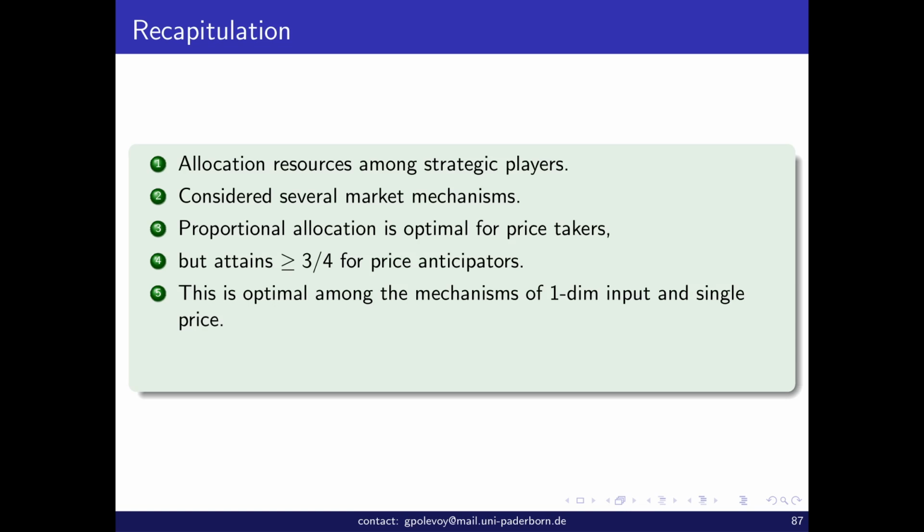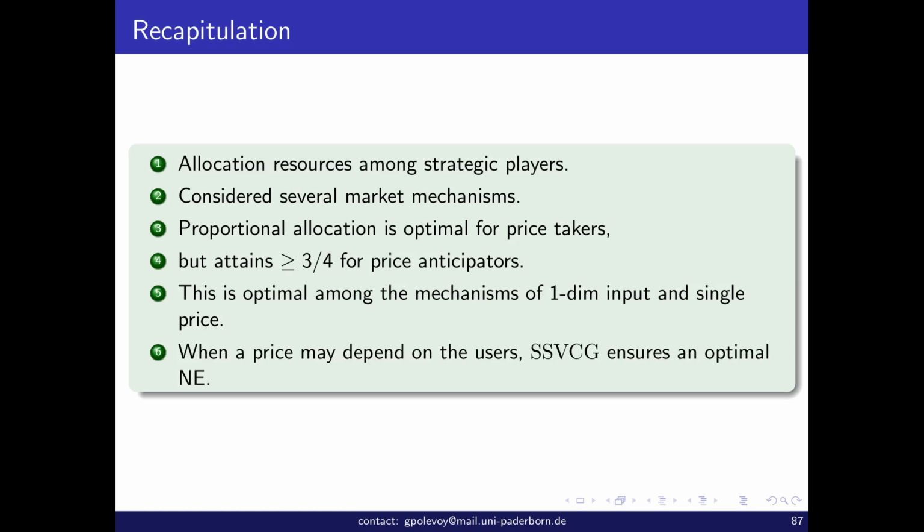We showed that the proportional allocation mechanism was the optimal such mechanism, which achieved this 3/4 ratio in equilibrium.